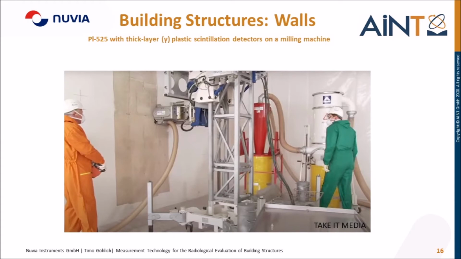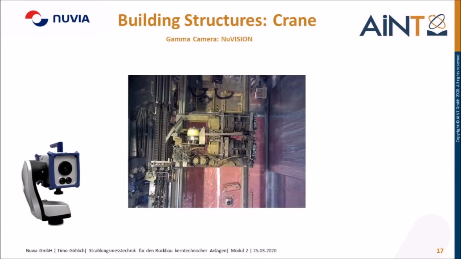Let's now come to a topic that has less to do with normal measurement technology. We are now dealing with structures that are much more difficult to measure than straight surfaces, such as the crane system here. We also use a special system for this purpose, which is the New Vision Gamma camera.